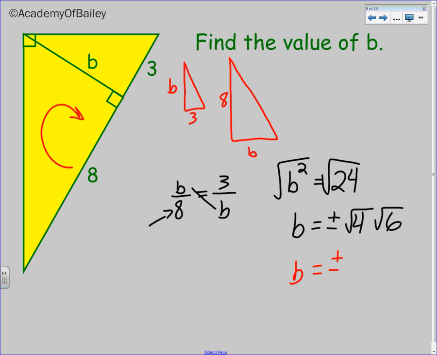And so the square root of 4 becomes 2. There's not a perfect square that goes into 6. Because this is a distance on a triangle, we only need the positive part of that. B is equal to 2 square root of 6.